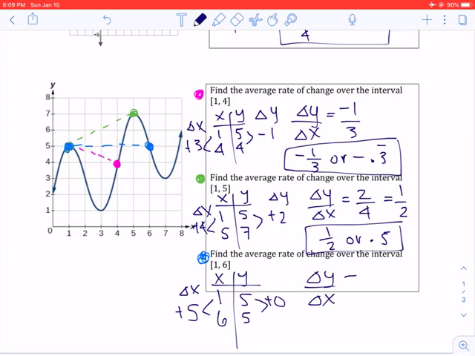Those are kind of sloppy looking deltas. 0 over 5, 0 divided by 5, and 0 divided by any number other than 0, of course, is 0. We can rewrite it since we've been rewriting all the other ones. If you wanted to just draw your box around this first 0, that would be absolutely fine. So that's our average rate of change. Even though our function is decreasing and increasing and decreasing again, the net change is 0. When I divvy that out evenly over this interval, the average rate of change is 0.